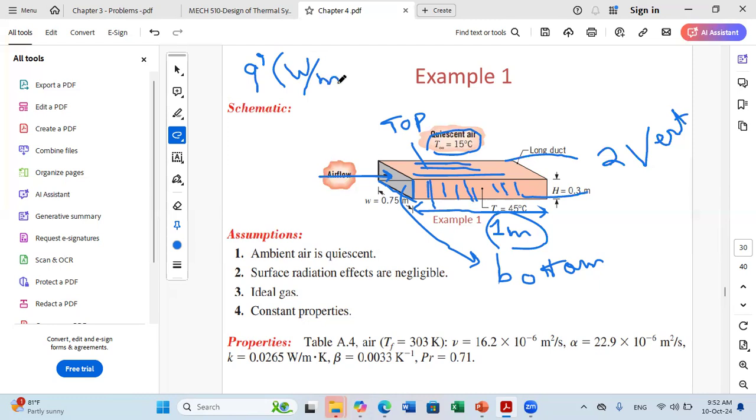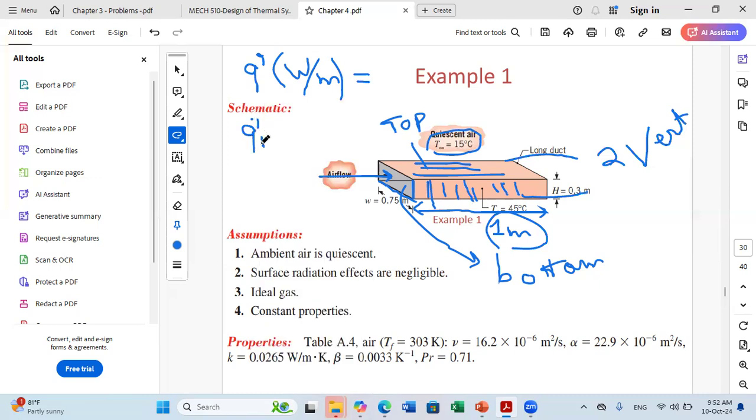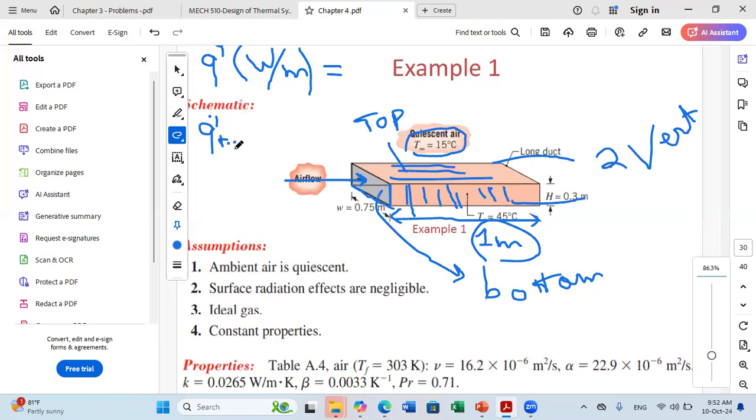I can say that Q prime is equal to Q prime from top plus Q prime from bottom plus 2 times Q prime vertical.